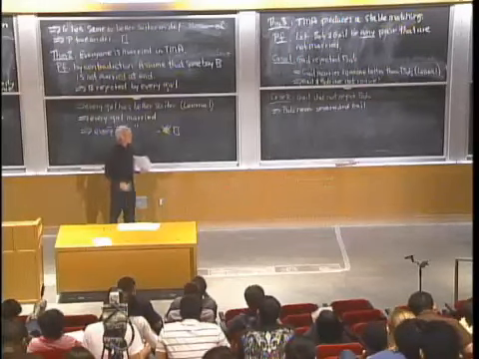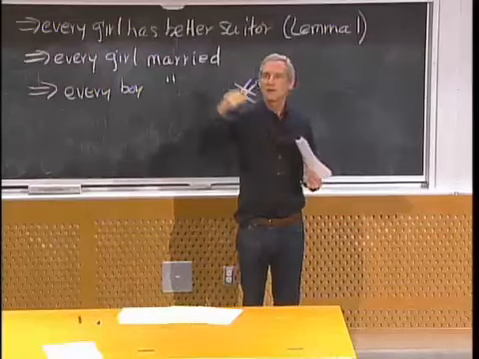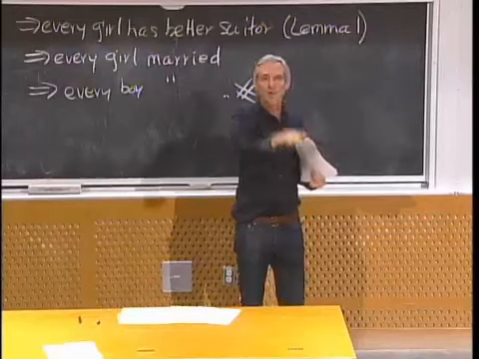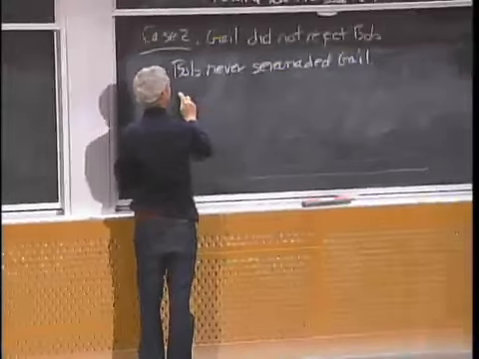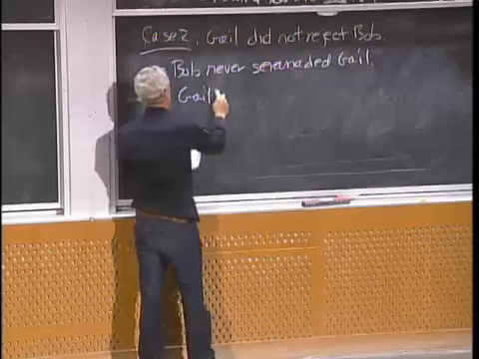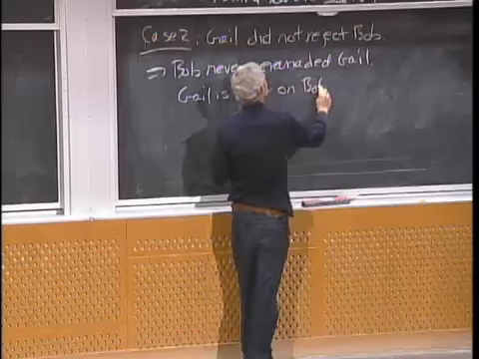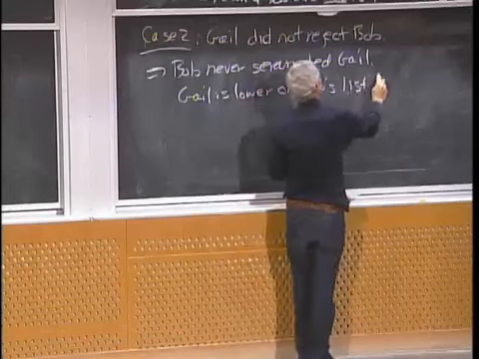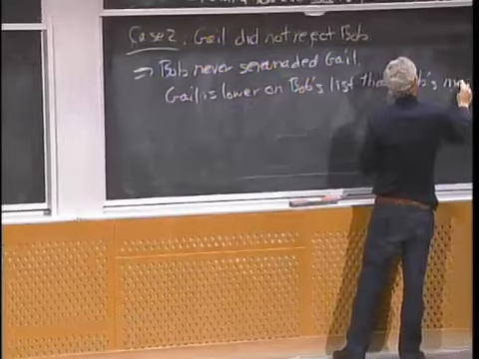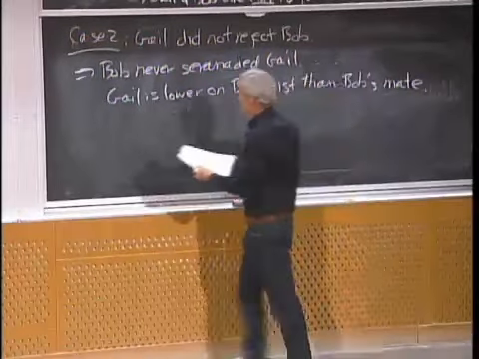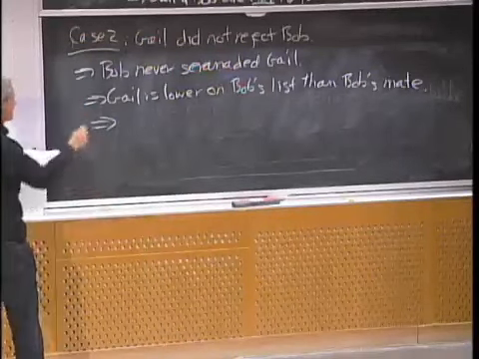Yeah. Bob never got far enough down on his list to serenade Gail. He got married before he got down there. All right, so that means that Gail is lower on Bob's list than Bob's wife. And that means that they are not rogue, because Bob likes his wife better than Gail.